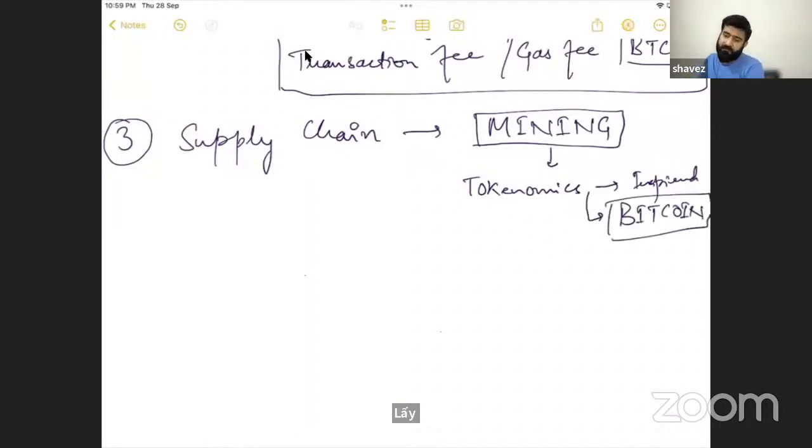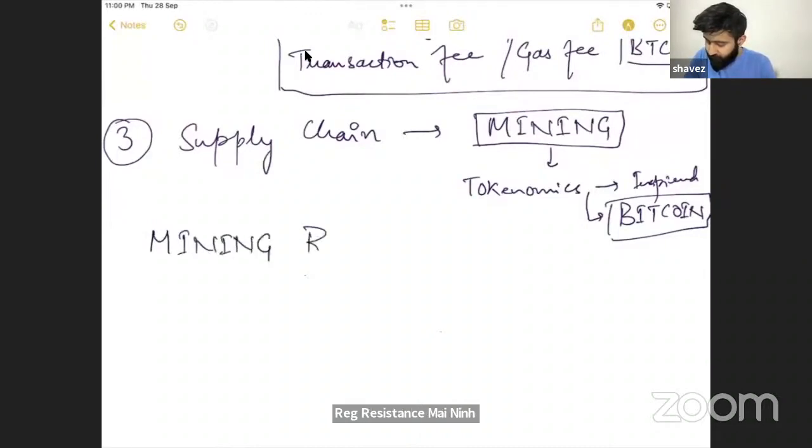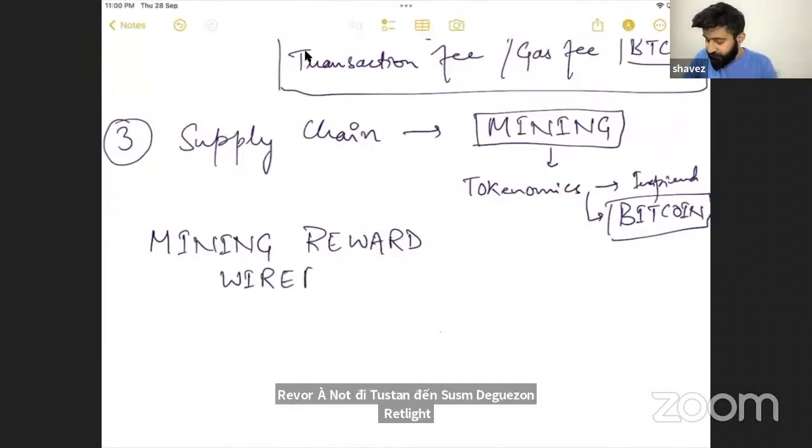Same as Bitcoin, right? We call it mining reward. Note these things down. This will make you sound really, really smart. Mining reward wireframe.